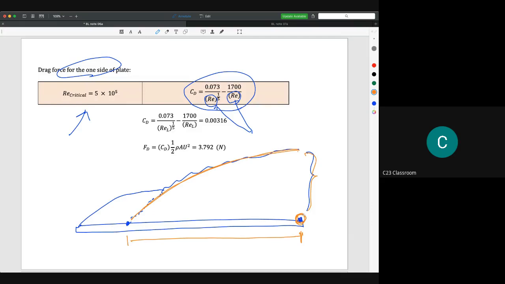However, the drag force means the total force, the resistance force that occurs on the plate. So it means we need to add all this resistance because of the turbulent boundary layer plus the resistance that comes from the laminar boundary layer. That's why we cannot just use the CD from the 100% fully turbulent boundary layer, because it only shows this distance.